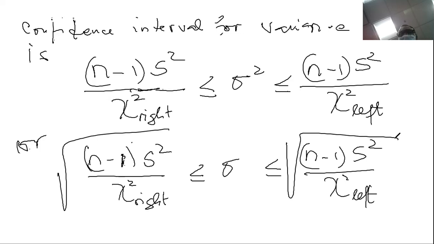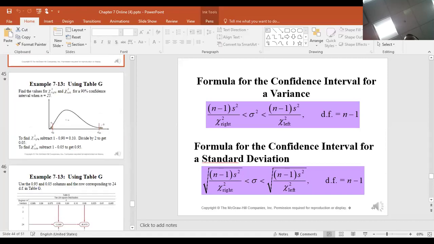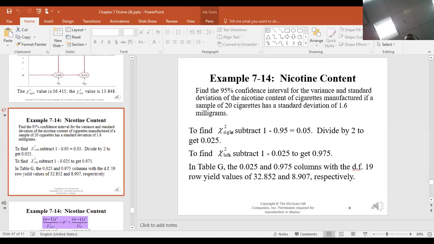Now let's do an example. Find the 95% confidence interval for the variance and standard deviation of the nicotine content of cigarettes manufactured, if a sample of 20 cigarettes has a standard deviation of 1.6 milligrams.